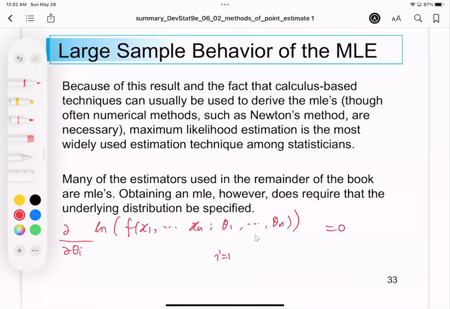That's for all of the i's, say if we have k parameters, I'm going to have k such equations and then solve for these unknown parameters, theta 1 up to theta k, and that will give us the MLE. And MLE has the invariance principle and also is an approximately minimum variance unbiased estimator. So that's all about this chapter.